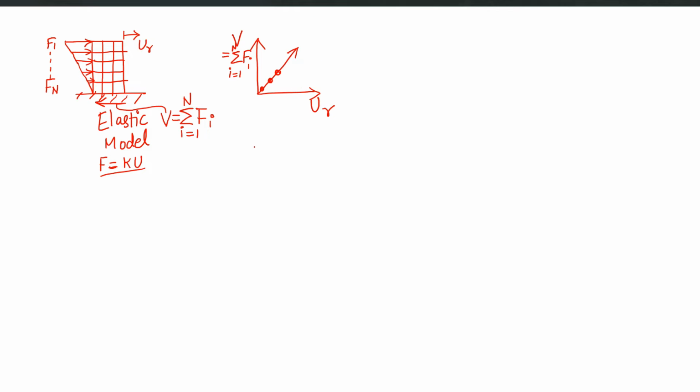Now let me make it a bigger graph, V versus UR, and say we perform that experiment and get this straight line, which keeps going up and will go forever.